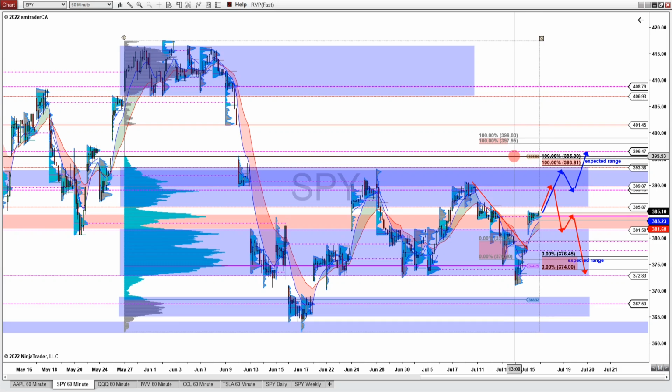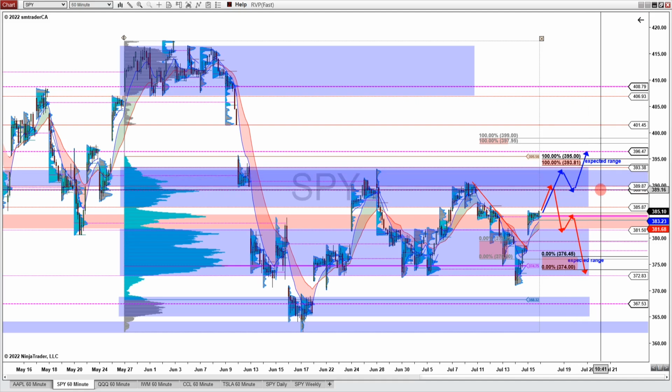And also there is a value area high of this composite volume profile near 395.56, and also there's a virgin point of control here from this day at 396.47. So that's the move that I will be keeping an eye on for the upside scenario.